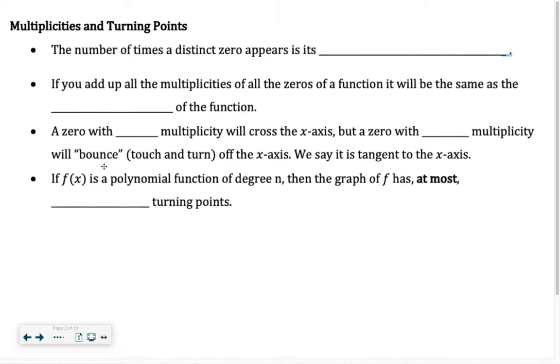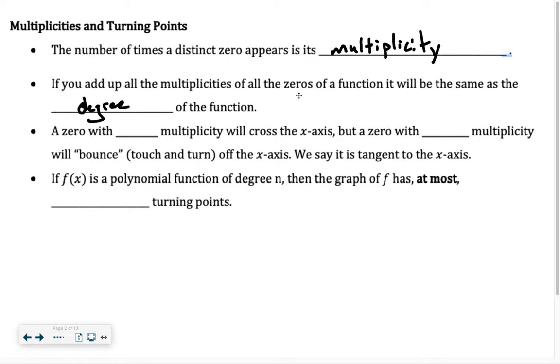So let's talk about multiplicities of zeros, and then we'll take a look at some examples. The number of times a zero appears in the equation is called its multiplicity. Now, if you add up all of the multiplicities of all of the zeros of a function, it will be exactly the same as the degree of the function.